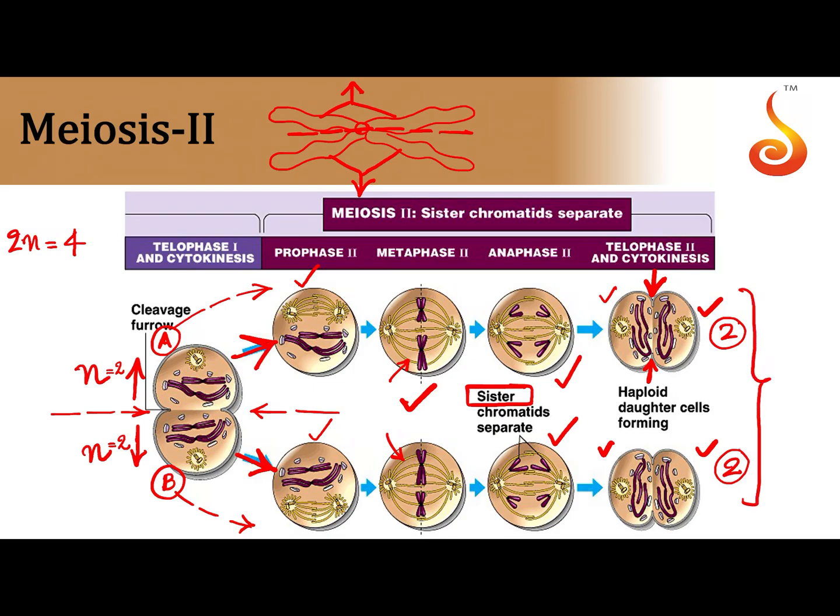So totally we have 4 daughter cells that are formed by the end of meiosis, and if you notice, each of the daughter cells has only 2 chromosomes, and that is the significance of meiosis. Because meiosis occurs in 2 steps, that is meiosis 1 and meiosis 2, by the end of meiosis 2, we have a total of 4 haploid daughter cells.